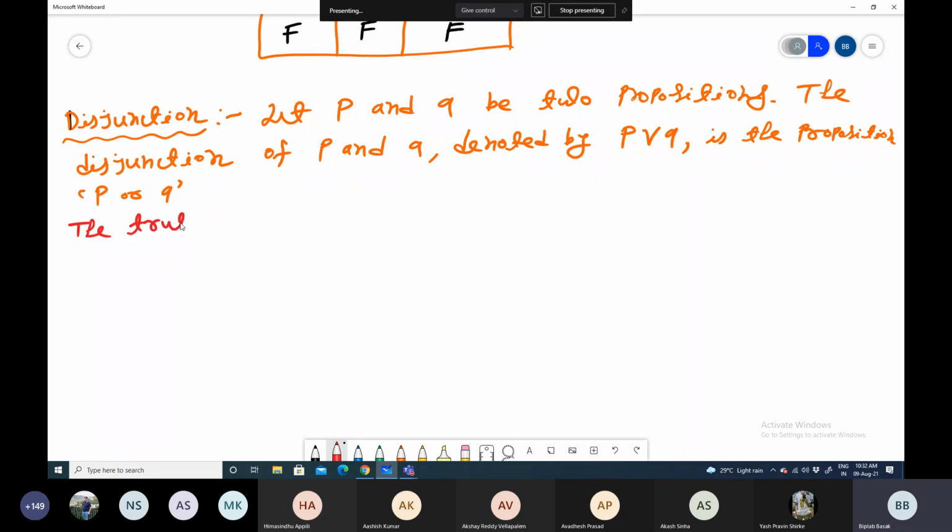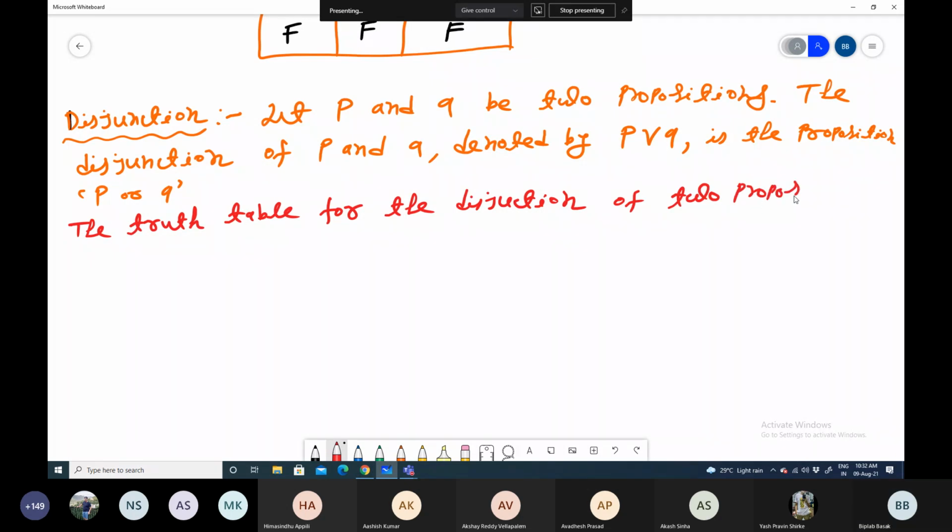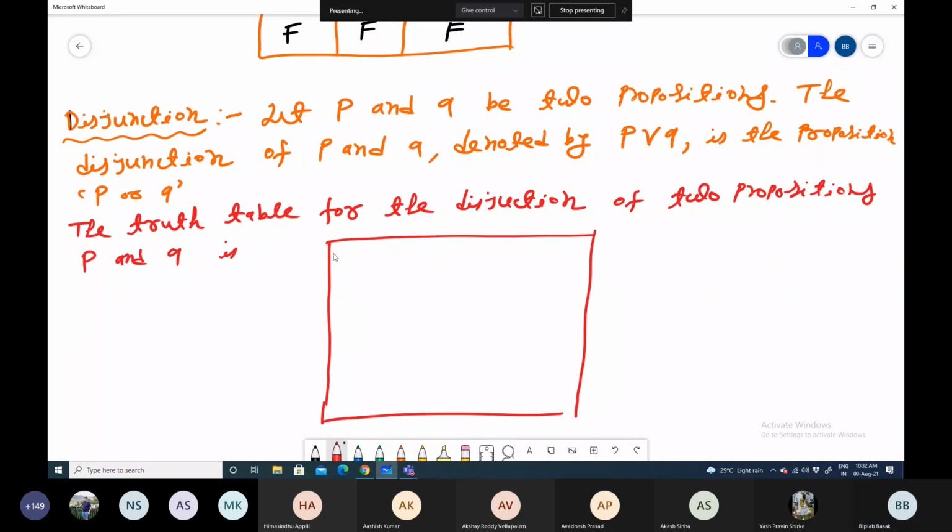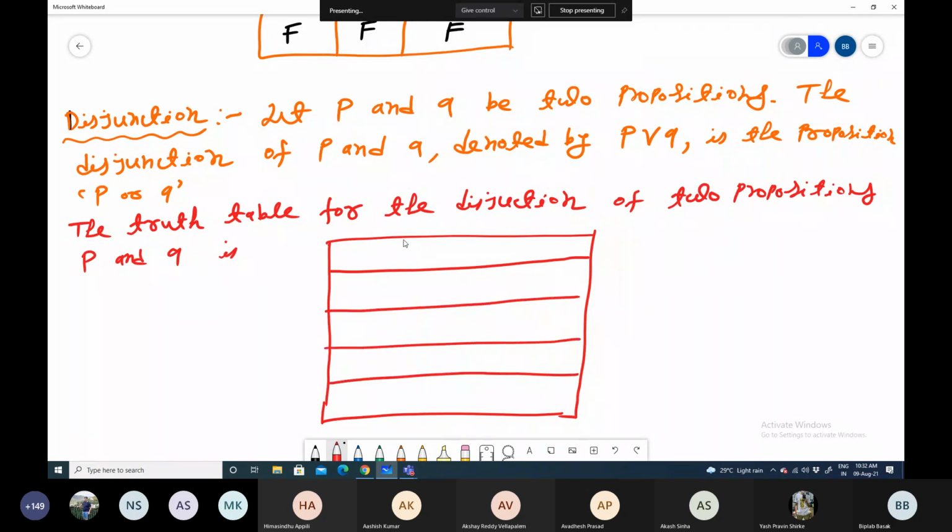So the truth table for the disjunction of two propositions P and Q is this one. Again, we need 4 rows.